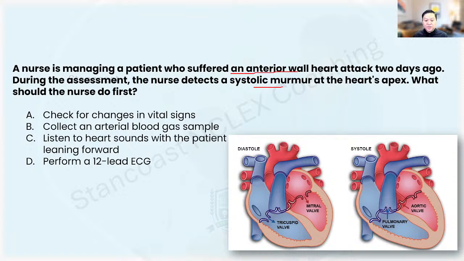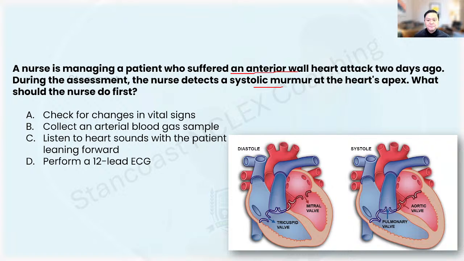What should the nurse do first? Is it A, check for changes in the vital signs? B, collect an arterial blood gas sample? C, listen to heart sounds with the patient leaning forward? Or D, perform a 12-lead EKG?